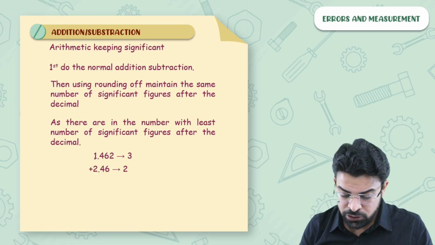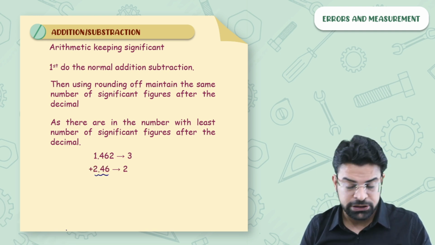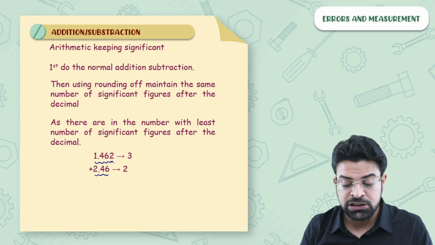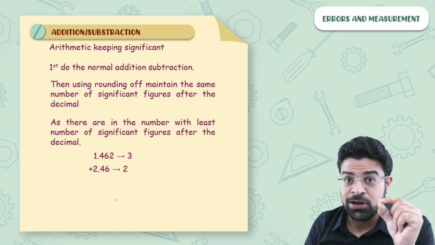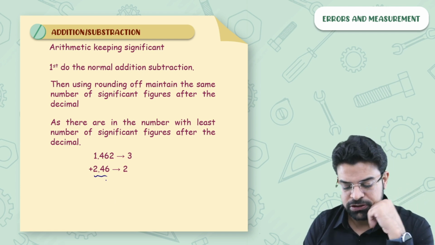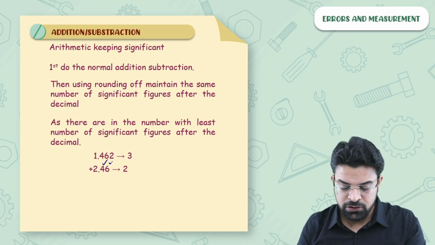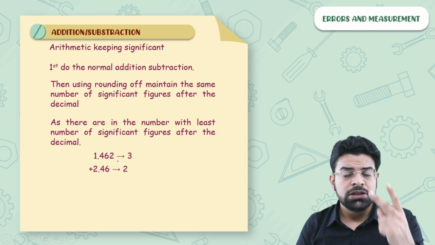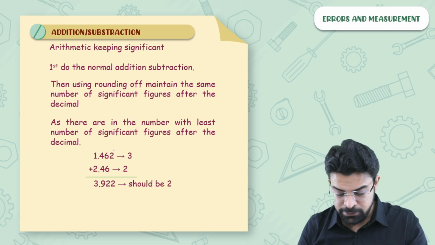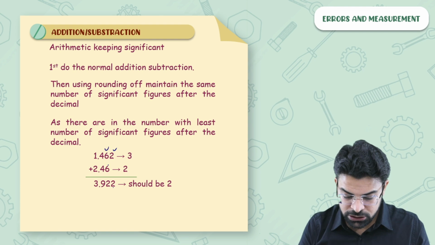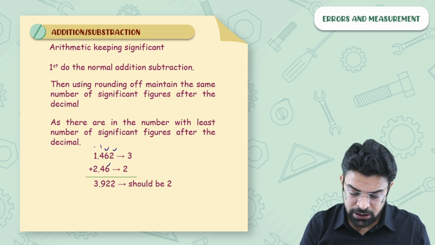If you add 2.46 to 1.462, how many significant figures after the decimal are present in 2.46? So you will say, sir, there is a 4, there is a 6, so there are 2 significant figures after the decimal. When you add this up, do the simple maths. 2, 0, 2, 6, 6, 12, 1 carry over, 4, 5, 4, 9, and 1 plus 2, 3.